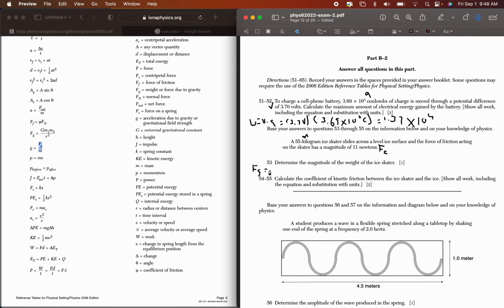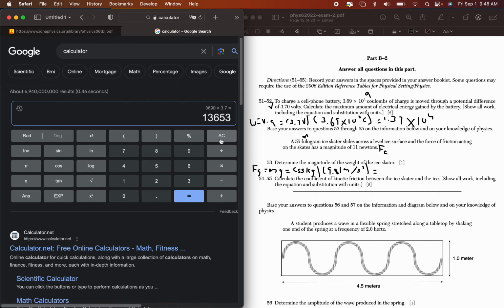Force of gravity is equal to the mass times gravity, the weight. So which is equal to 55 kilograms times 9.81 meters per second squared. Okay, let's go right here. 55 times 9.81. Let's just say, round that up, 540 newtons.